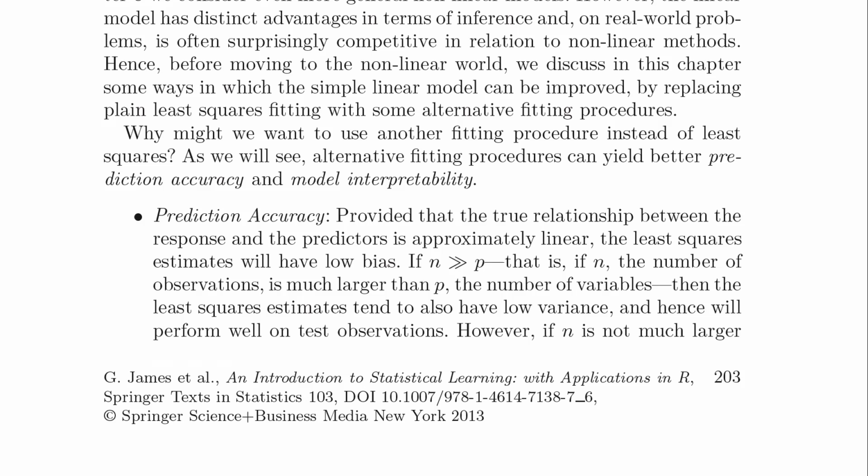If these two conditions are met, that the true relationship between the response and the predictors really is basically linear, and the number of observations available within your training data set is significantly greater than the number of predictor variables, then you're going to have a low bias and a low variance, which is exactly what we want to get a low mean squared error.